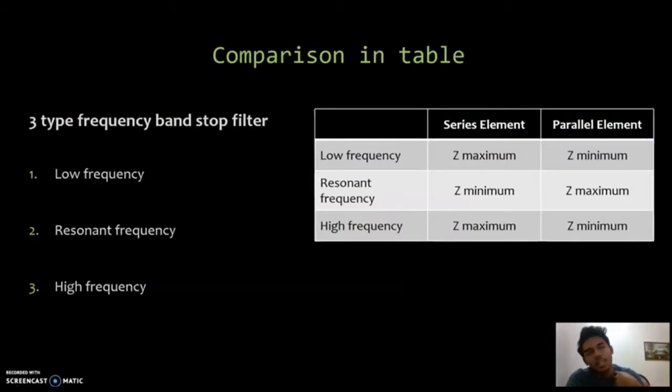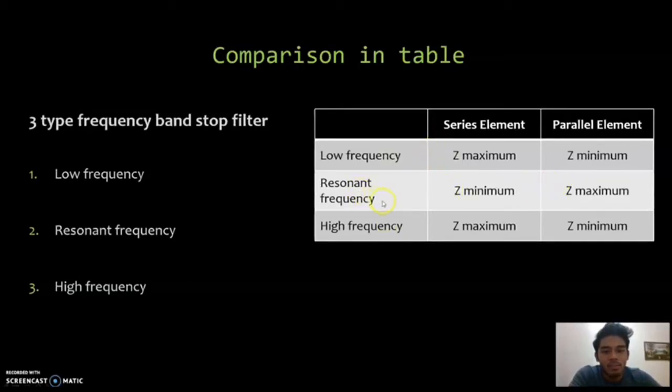So the comparison in table, there are three types. Keep in mind there are three types: low frequency, resonant frequency, and high frequency. As you can see, I made a table. It can be in two: series element and parallel element. First we go low frequency. Low frequency, Z maximum in series element, but Z minimum in parallel element.